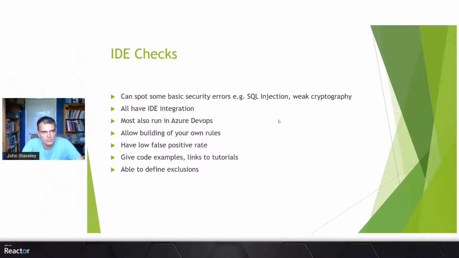So if I ignore something in my IDE, I can potentially get Azure DevOps to fail my build and get me to go back and resubmit with better security. It should allow building of my own rules, have a low false positive rate, and have a way to define exclusions. So even if it's a false positive, I can silence that rule forever, and it should give access to code rules and links to security resources to help me become a better secure coder.